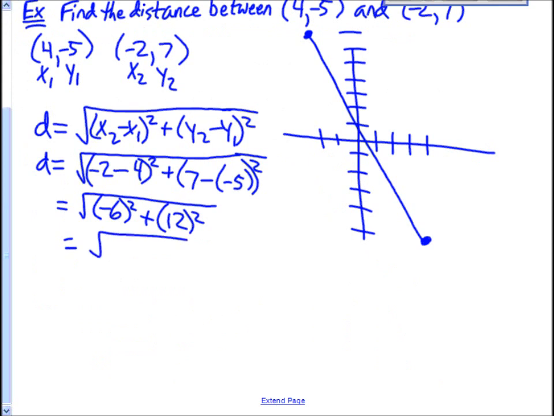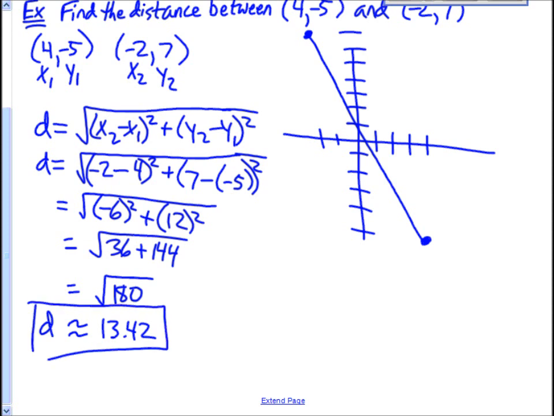We got 36 plus 144. So that ends up being what, 180? Which is, if you punch that in, approximately 13.42. So that's about how long that line is, 13.42 units.